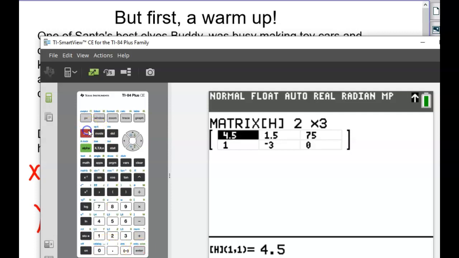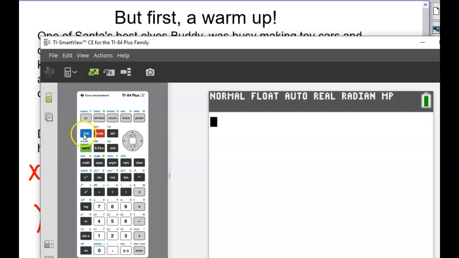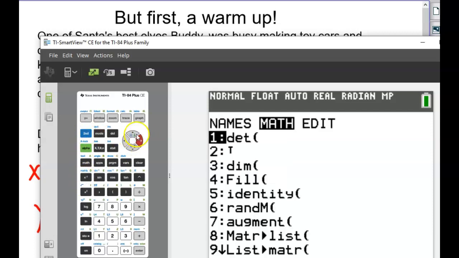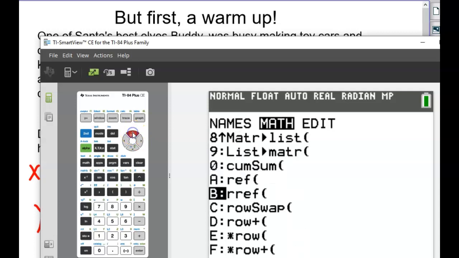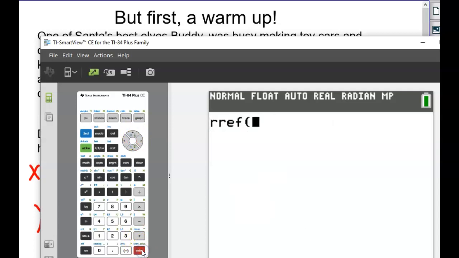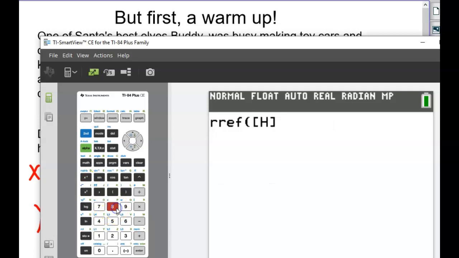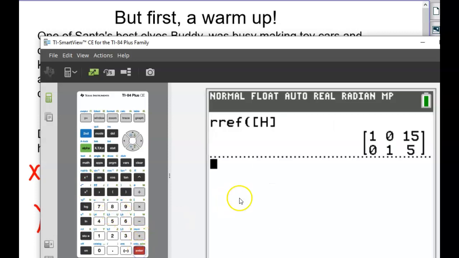Then we go back to quit and go back into matrix, over to math, up to RREF, or choice B. And then we need to put the name of the matrix in. Mine was in number 8. I got 15 and 5, yes?